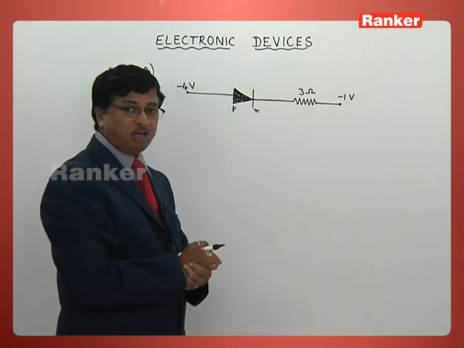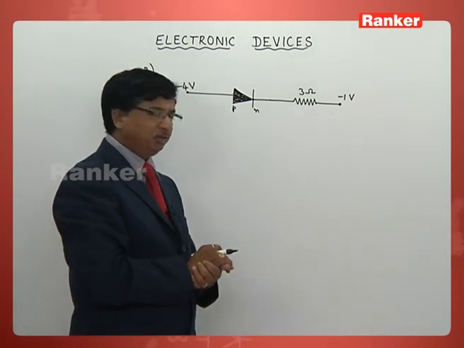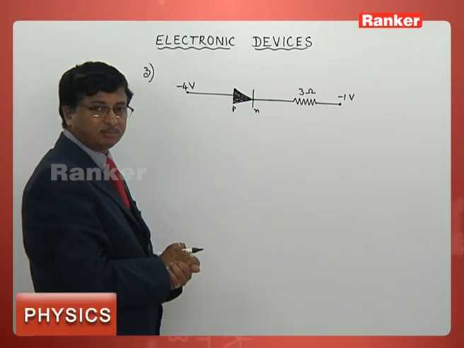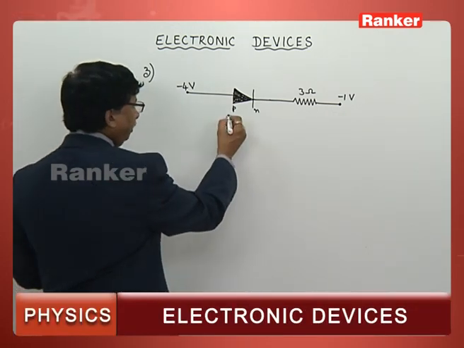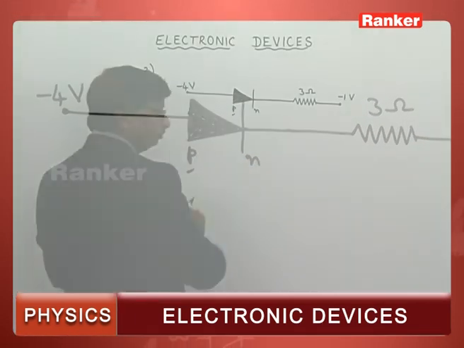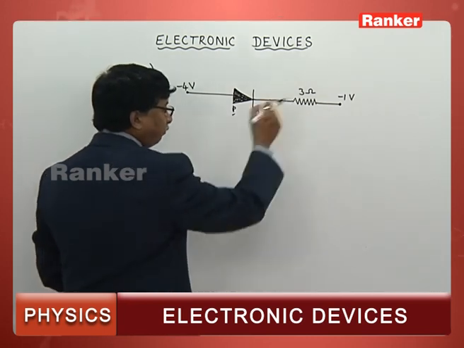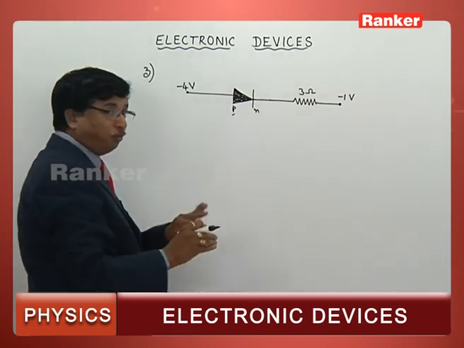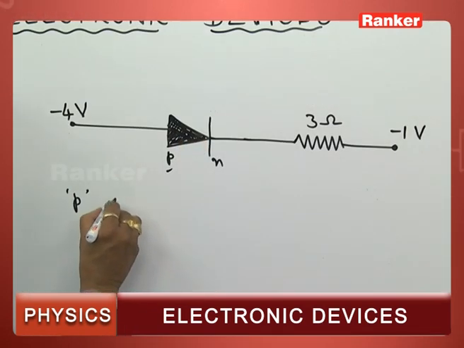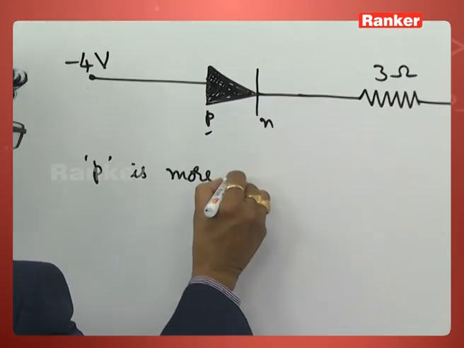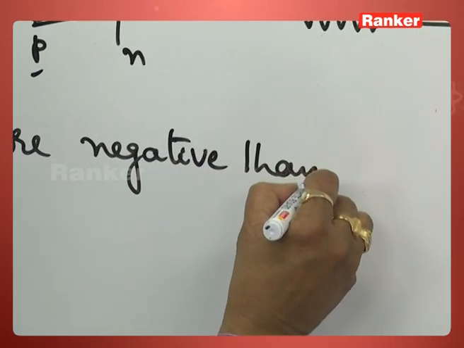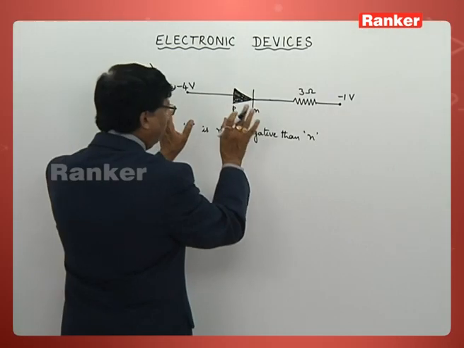This is at a potential minus 4 volt. If you just look at this branch of the circuit, you can identify P is more negative than N. N is at minus 1 volt and P is at minus 4 volt. So we can understand in this case P is more negative than N. That is what you should understand by look.